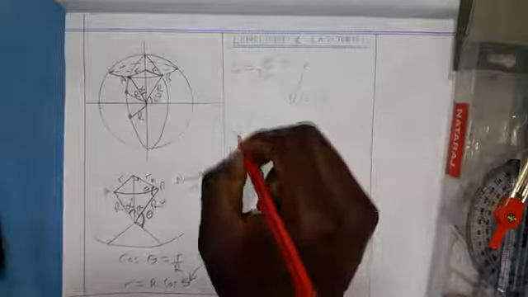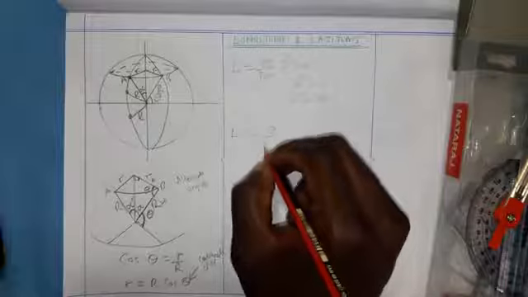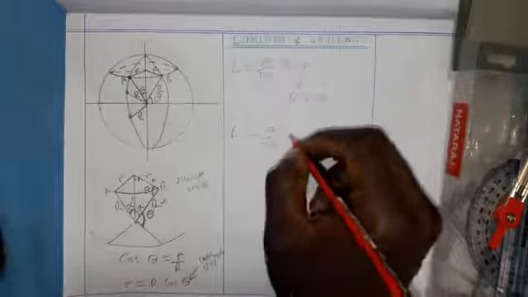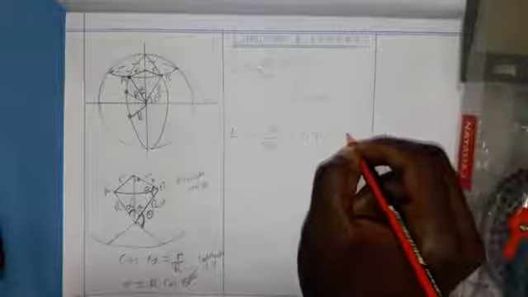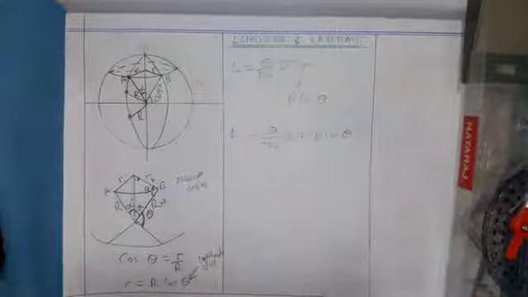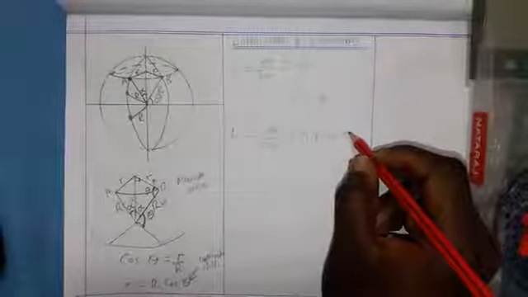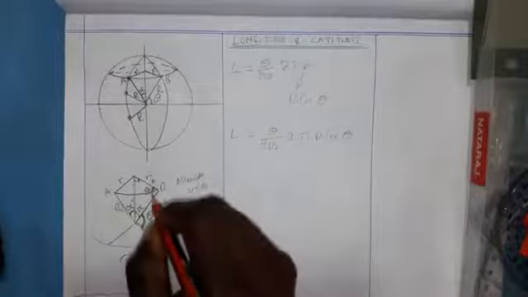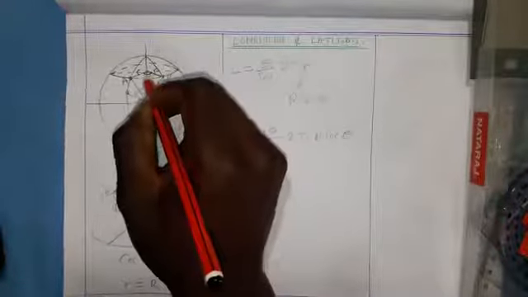So if it's a small circle, the length will be theta over 360 times 2 pi R cosine of theta. And then finally, notice that this angle here is theta. But what we want is this particular angle.